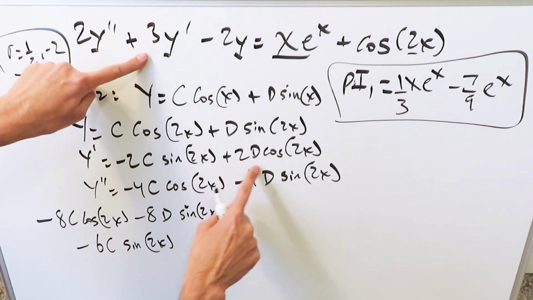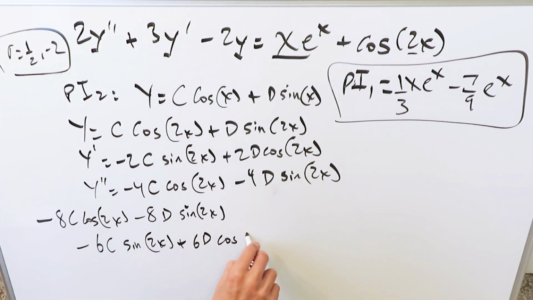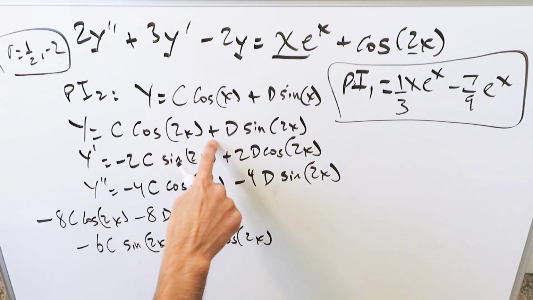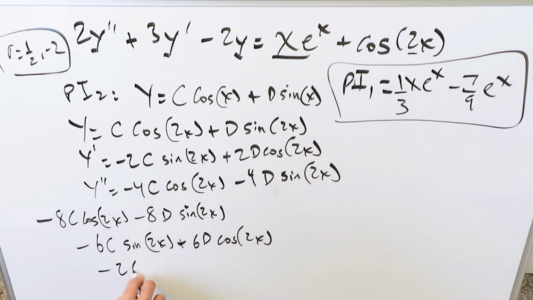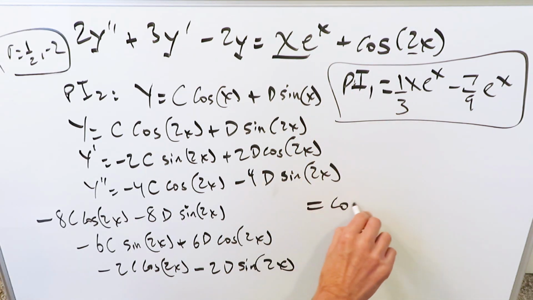And then 3 with the other item over here, plus 6d cosine 2x. And then lastly minus 2 with the y terms: minus 2c cosine 2x, and then minus 2d sine 2x. So you can see all of this is equal to one item right here, cosine 2x.